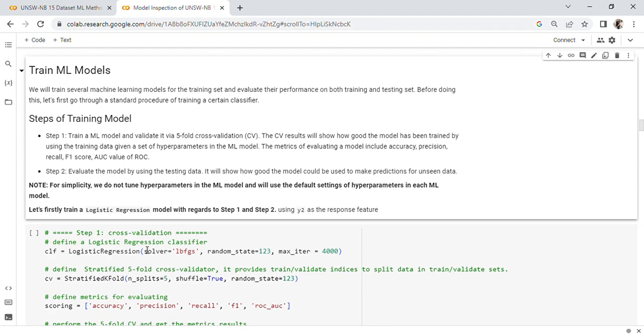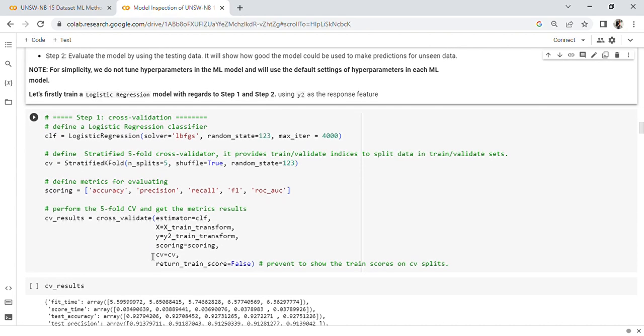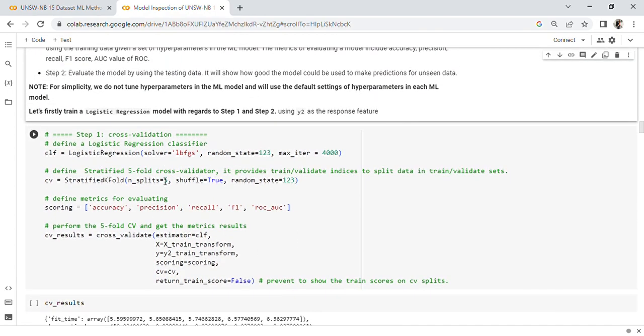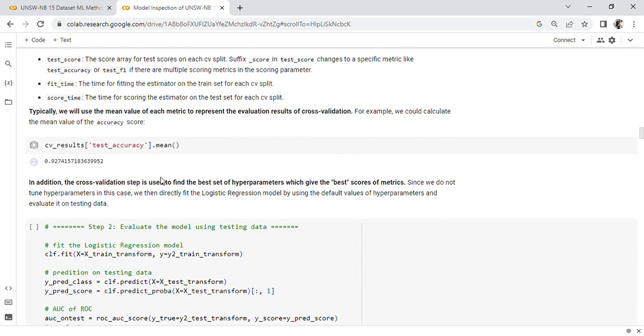In step 2, evaluate the model by using the testing data. It will show how well the model could be used to make predictions on unseen data. So let's first train a logistic regression model with regard to step 1 and step 2. Here we are training the dataset using the logistic regression algorithm.